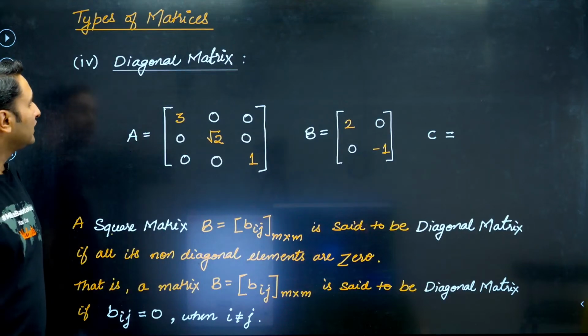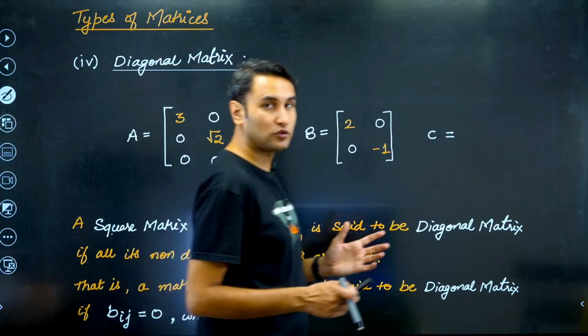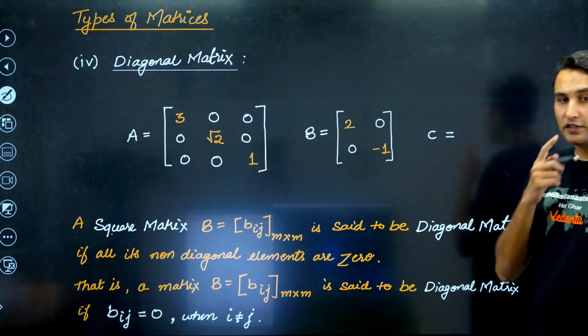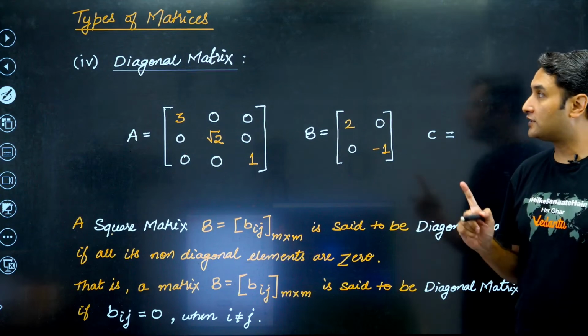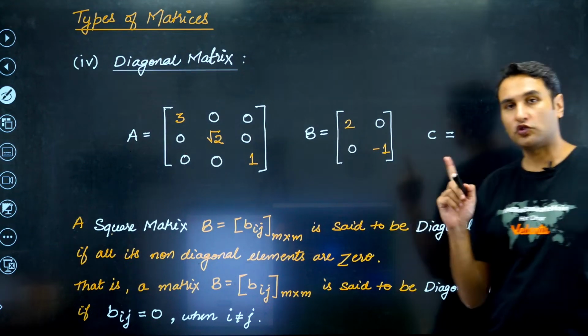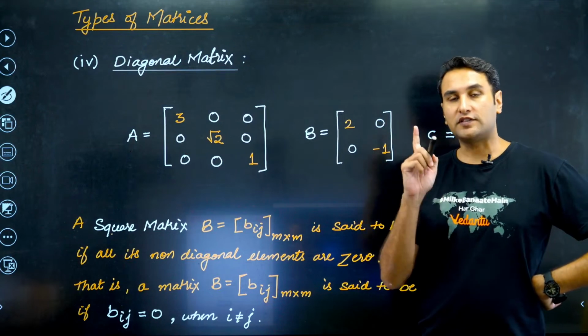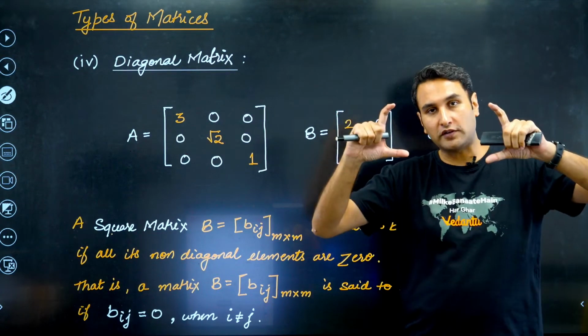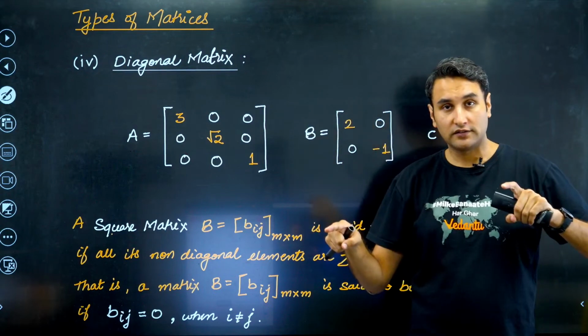I hope you get it. Now the diagonal leads to multiple types of definitions. But first of all, the first definition is the diagonal matrix. Where did we start from? We started with the square matrix. In the square matrix, you can define a diagonal.